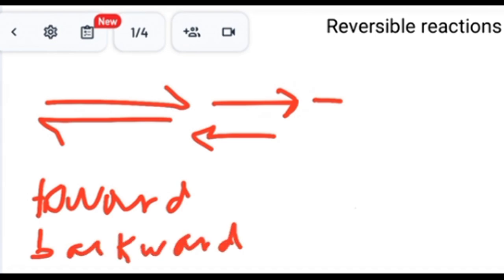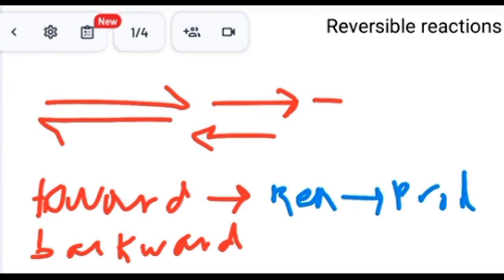So the forward reaction is basically one in which reactants form products, and in the backward reaction, products break down into the reactants.